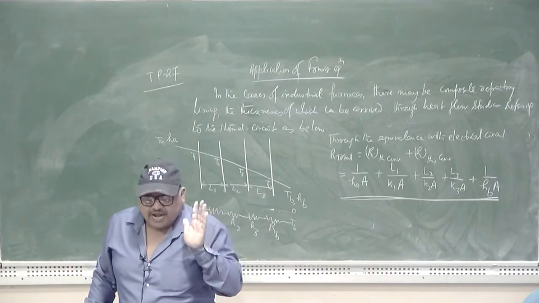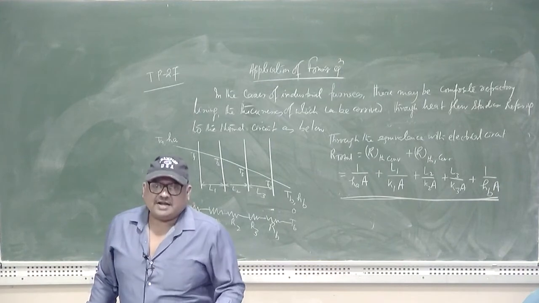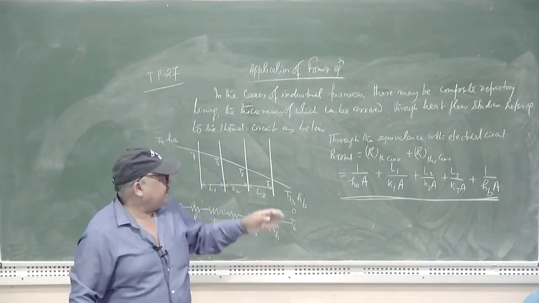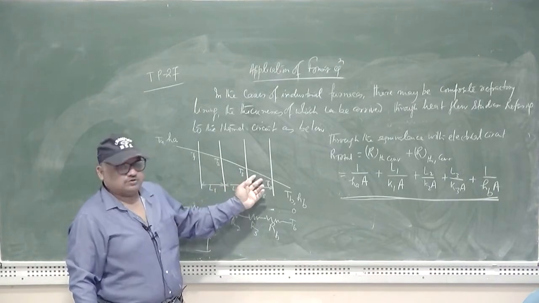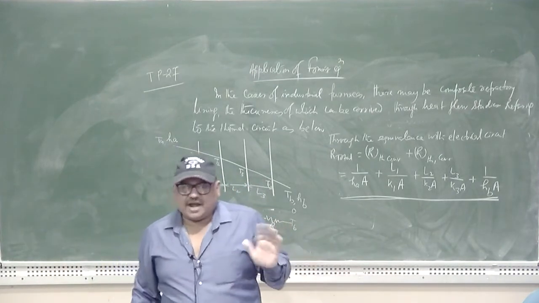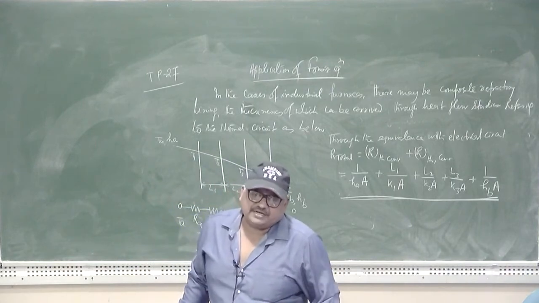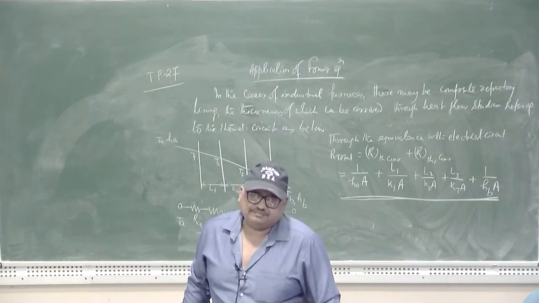So, by utilizing such a principle, you can easily design what should be the thickness of the first refractory lining, the second refractory lining, and the third refractory lining. This is regarded as the most important industrial practical example of the heat flow study through the Fourier equation.